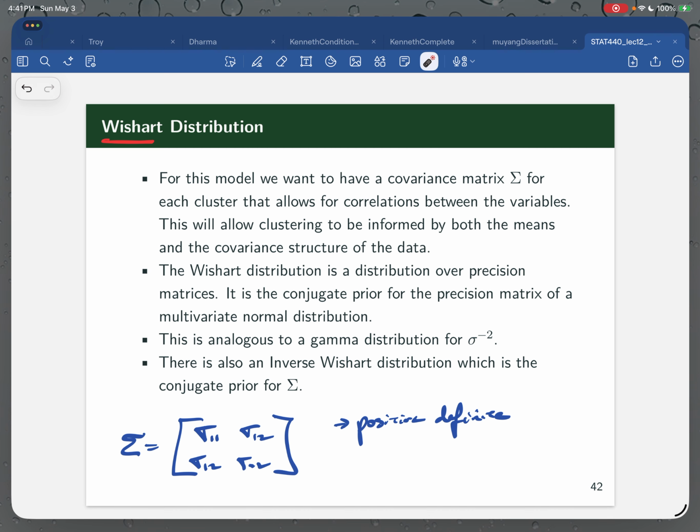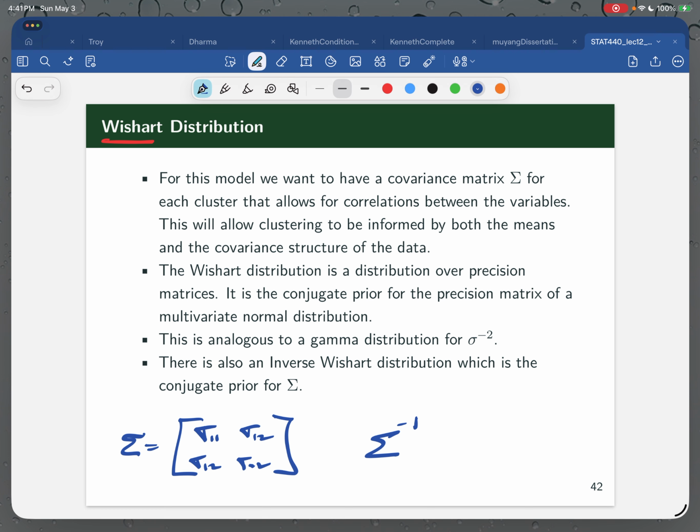And you'll remember, I think maybe we've said this before, if we talk about a covariance matrix sigma, if I take its inverse, which sometimes gets called Q, the inverse of a covariance matrix is called the precision matrix. So our Wishart distribution is a distribution over the precision matrix.